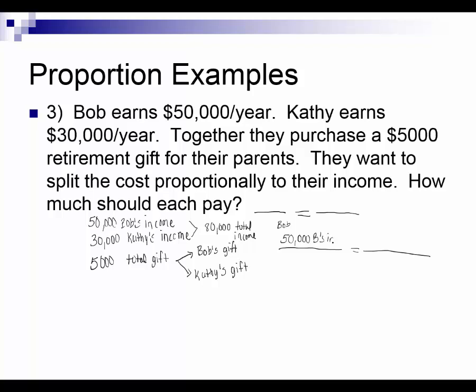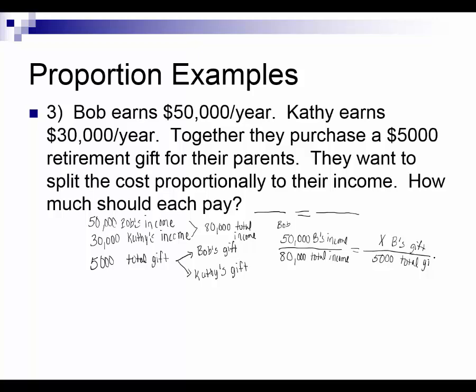Bob's income. And we know that that is out of the 80,000 as the total income. And then we'll say X is Bob's gift. And he is giving some amount out of the 5,000, which is the total gift.